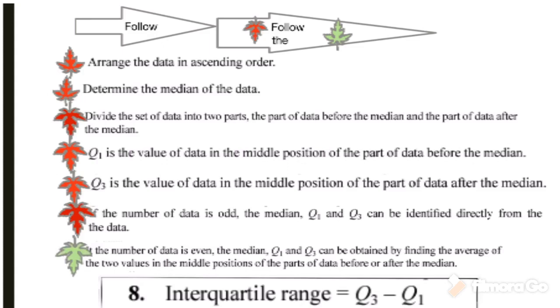If the number of data is even, then the median, Q1 and Q3 can be obtained by finding the average of the two values in the middle position of the part of data before or after the median.